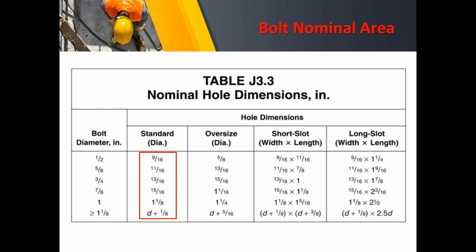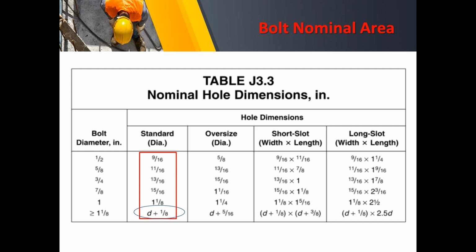For a bolt diameter greater than or equal to 1 1/8, all we have to do is add 1/8 to your diameter, which is actually adopted in most problems of steel design. In most books, whatever the diameter is, all we have to do is add 1/8 to come up with the nominal width or diameter of your bolt when computing for the effective area.